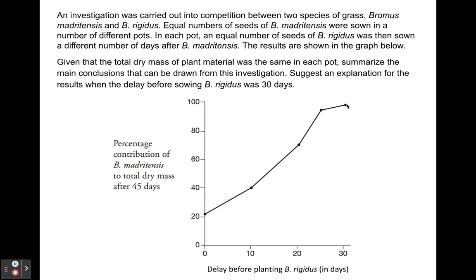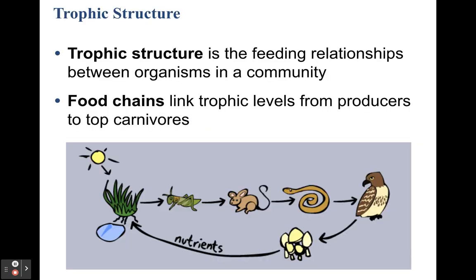And if we give it a 30-day head start, it's going to almost completely exclude rigidus from the pots. Right? So hopefully that gives you a good example and an understanding of how different species are competing in an ecosystem. And when there's competition, one is always going to be excluded or pushed out. Okay, let's go on and talk about trophic structure.